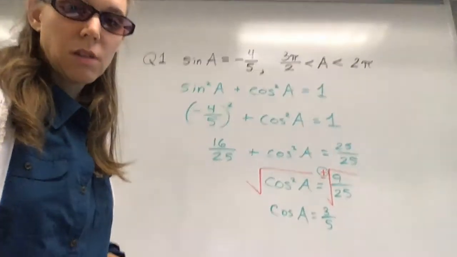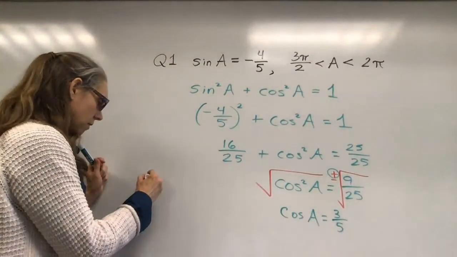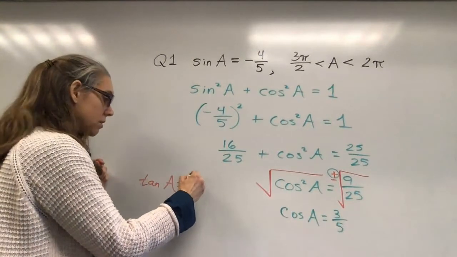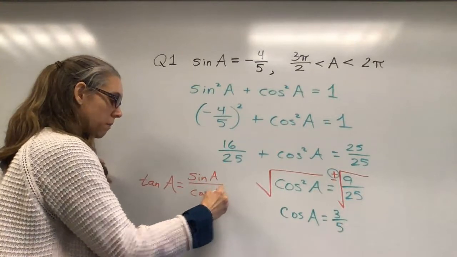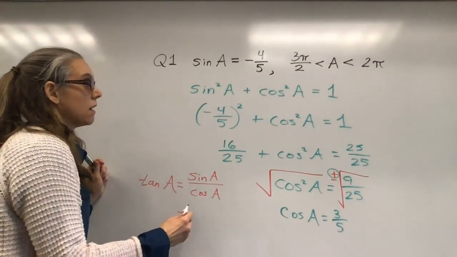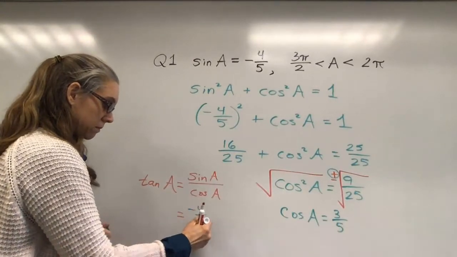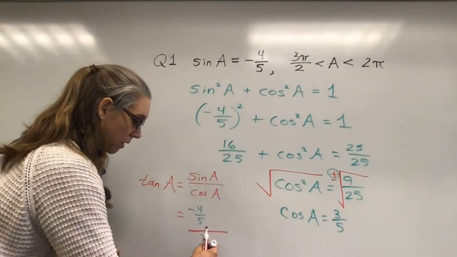So once you get your cosine value, then we're going to be using the quotient identity that the tangent of A is equal to the sine of A divided by the cosine of A. So the sine of A is negative 4/5. The cosine of A is positive 3/5.